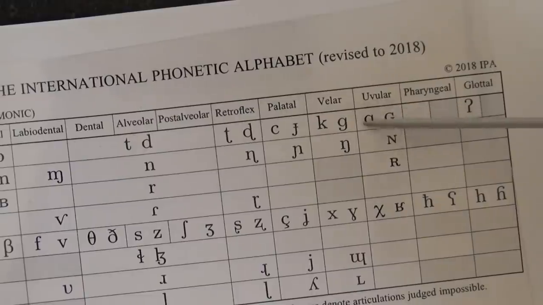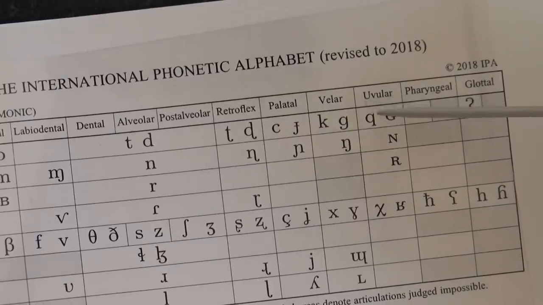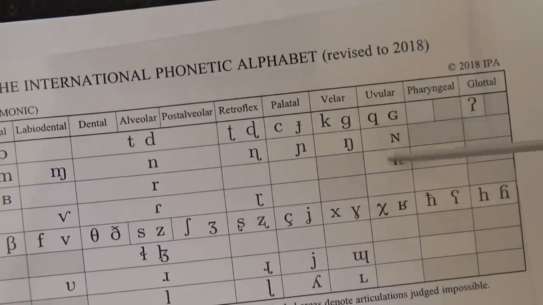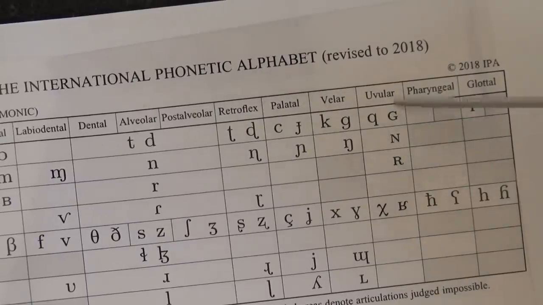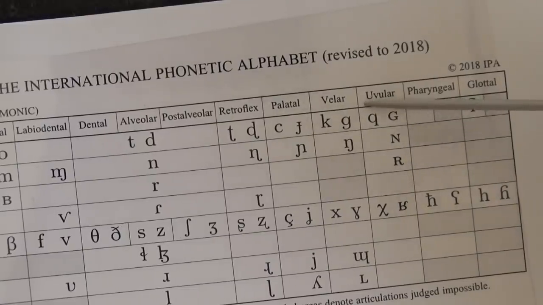Uvular is when you use the uvula to make sounds. At the very back of your mouth, where it connects to the throat. I guess the last part of the mouth that you can see when you're looking in a mirror.